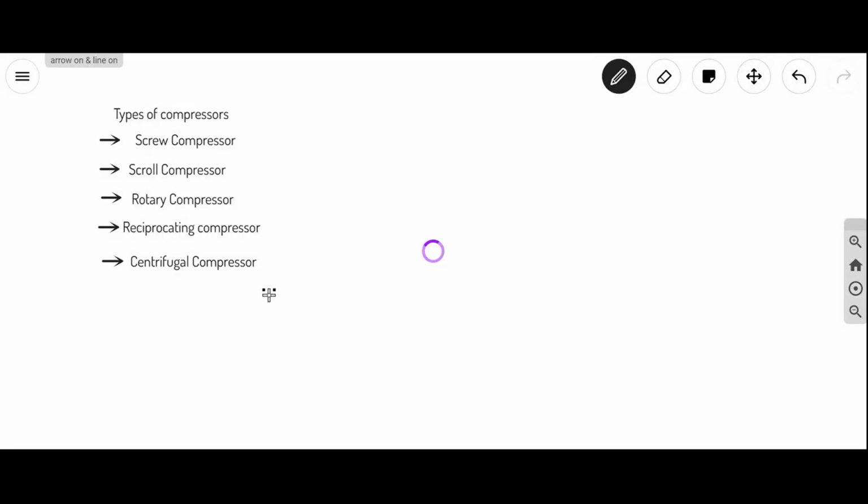So these are the different types of compressors we have in the market. The selection of compressors is purely dependent on the manufacturer, not us. We only define the capacity of the machine required. According to the capacity, the manufacturer will define the type of compressor and provide the machine for us.